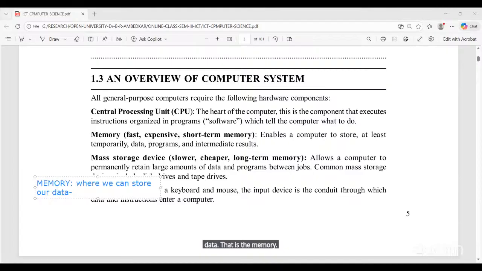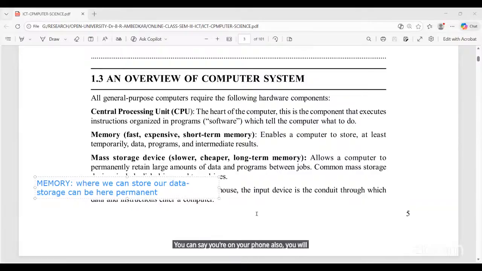The storage can be permanent. Memories can be fast, or expensive, like this also. The main purpose of the memory is storage.